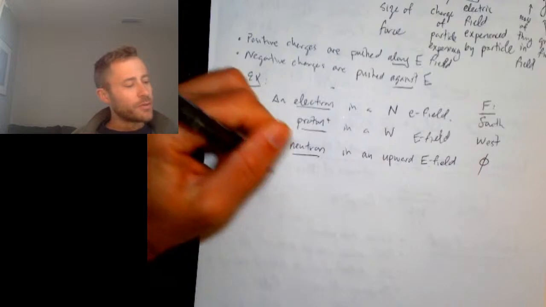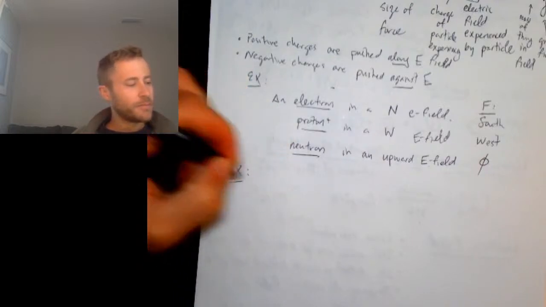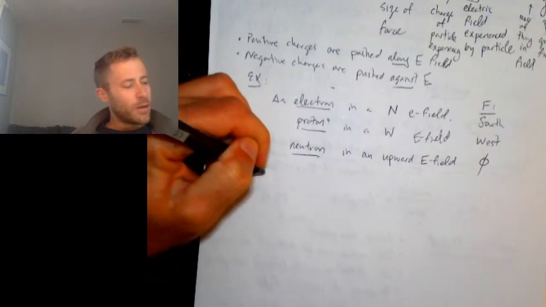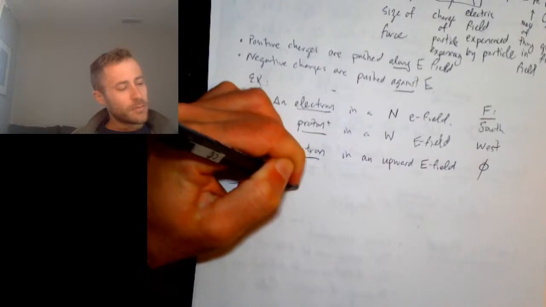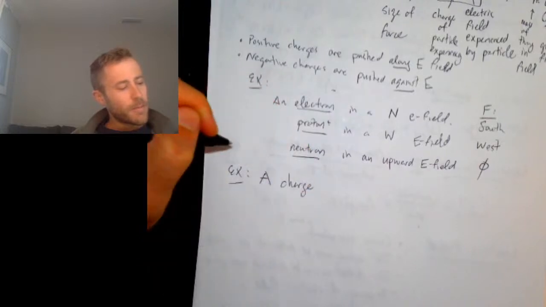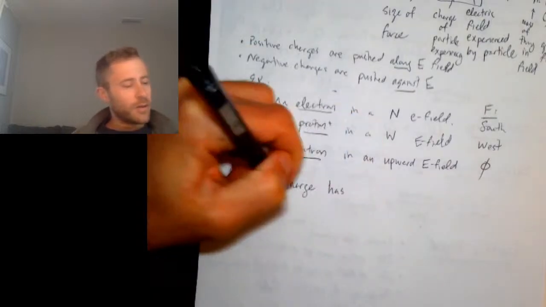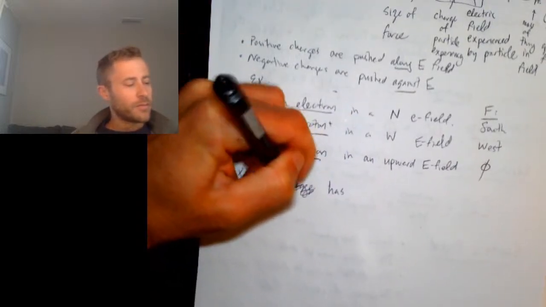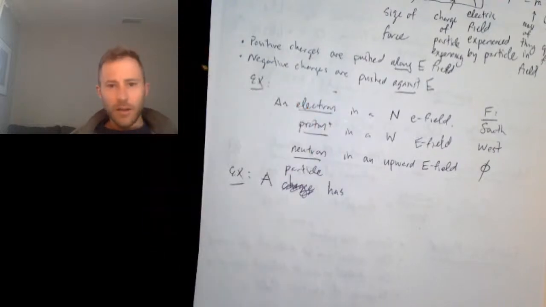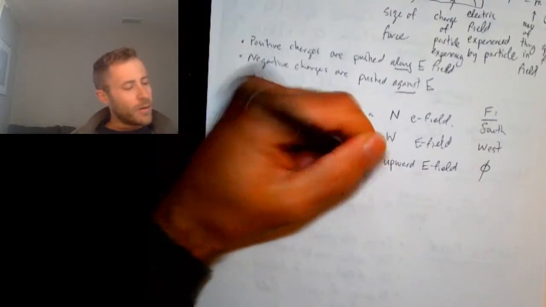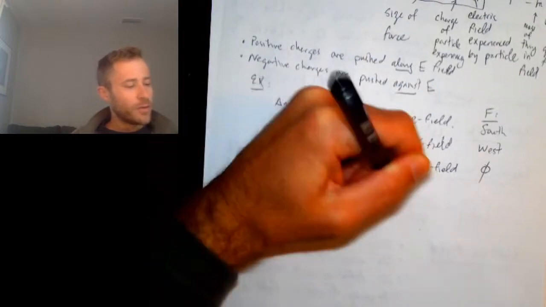All right, let's do another example. Let's suppose that we have a particle that has, let's say, minus 4 coulombs of charge.